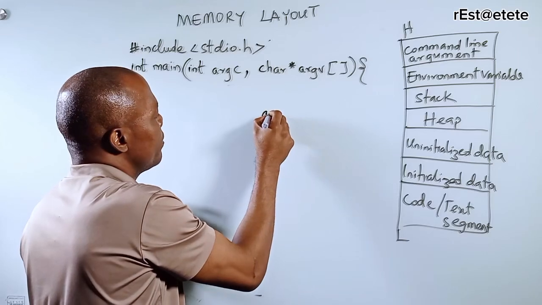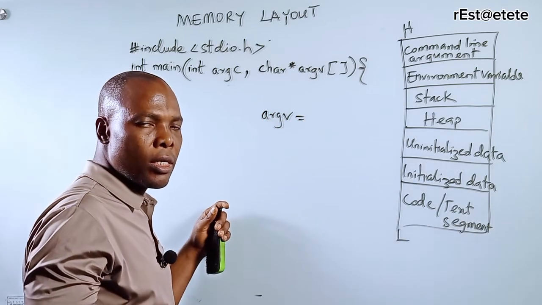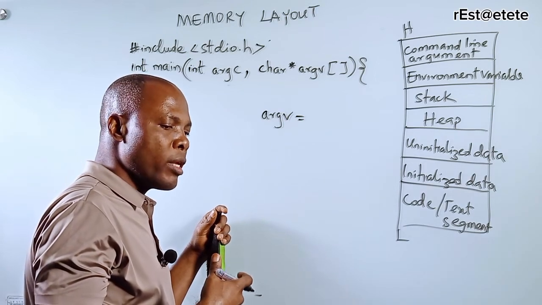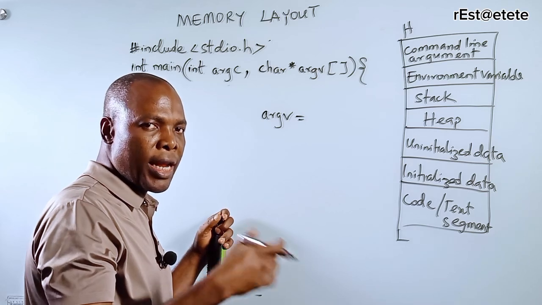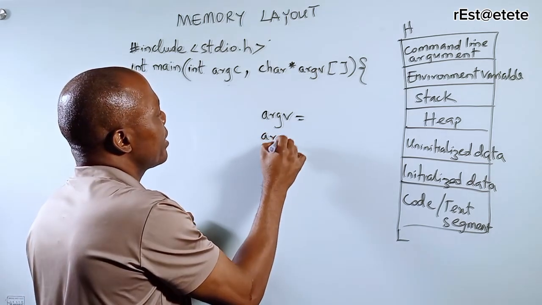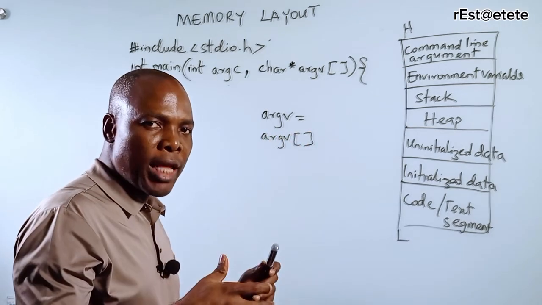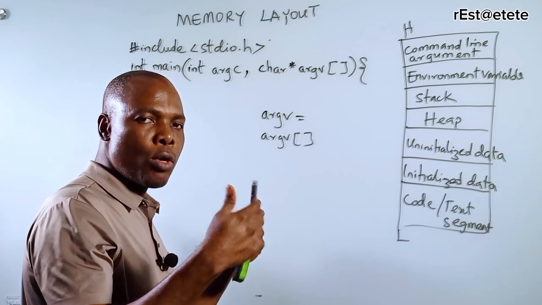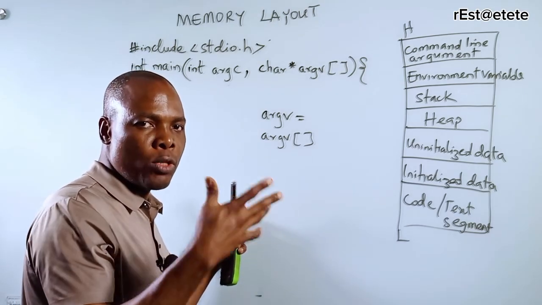This argv is a list of arrays that will contain the characters supplied to main. It is an array of pointers pointing to the address of each of those strings that you will supply.